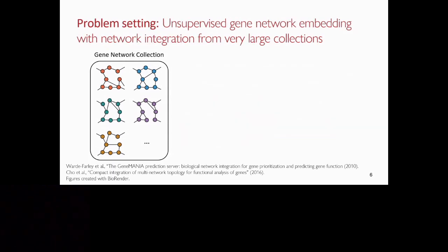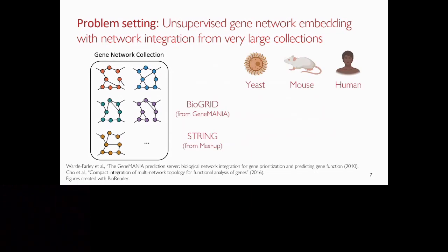And the problem setting that we specifically try to tackle with Gemini is unsupervised gene network embedding with network integration from very large input collections. To give you a sense of the scale of input collections that we work with, I'll briefly talk about the two main data sets we use in our work, which are the BioGrid dataset processed into networks by GeneMania, and the STRING network collection pre-processed by Mashup.